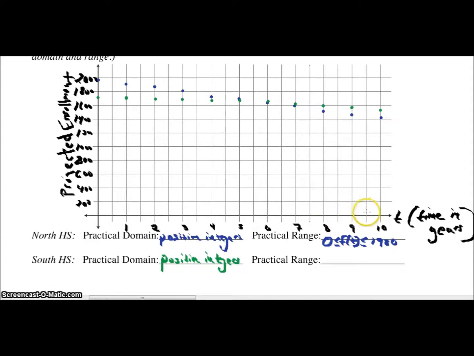That's population. And then something similar for South High School. We could decrease all the way down to 0, or any integer in between, let's see, 1760 and 0. We should note that these are only integers, not all real numbers, because we can't have a fraction of a kid.